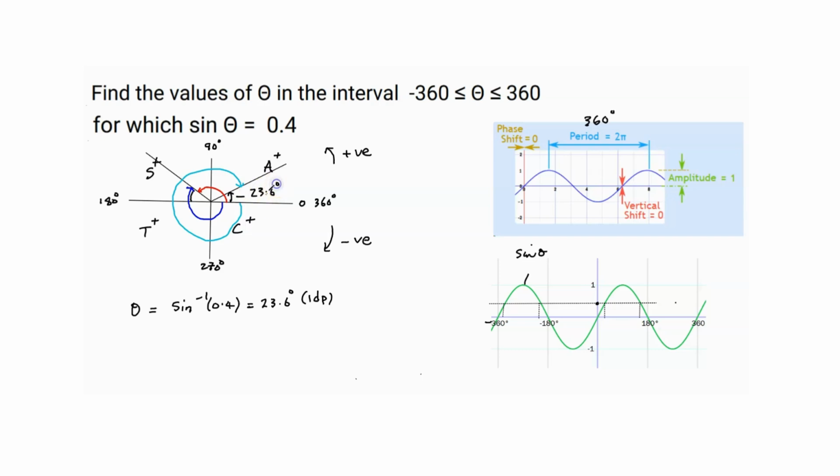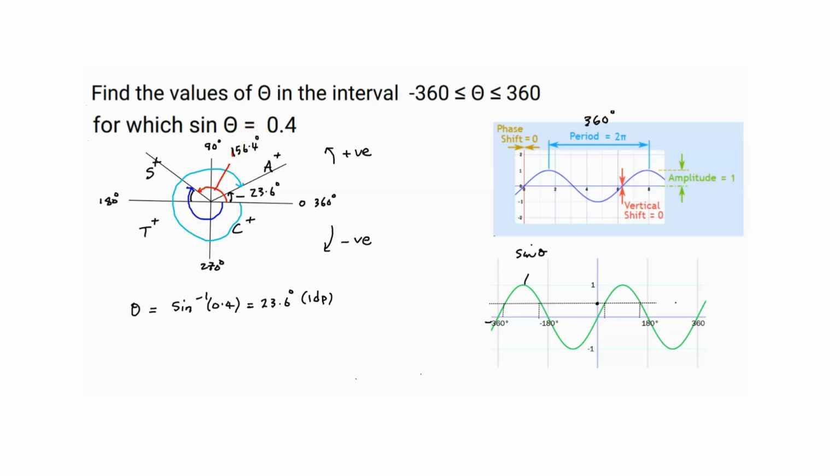Now remember, this angle is 23.6 degrees. So if we want to find this angle, we know that all of this angle coming around here is 180 degrees. So all we need to do to get this angle is to subtract it from 180. Upon subtracting 23.6 from 180, we get 156.4 degrees. So that's our next angle.